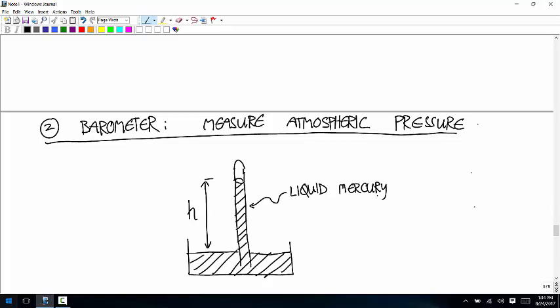And that's because liquid mercury has a boiling temperature at atmospheric pressure of like 600 some Celsius. And so there's a really low vapor pressure there. So in here, this vapor pressure is pretty close to zero, and we're just going to assume that it's zero.